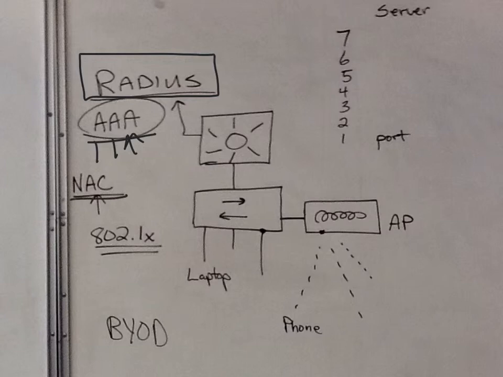Network access control, we talked about that and the protocol 802.1x. You have a laptop that wants to connect to the network. We can send this information up to a Radius server, and they can do all three of these, and then allow access through the port.